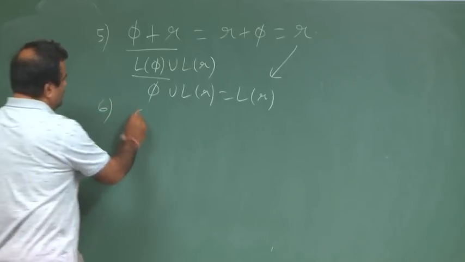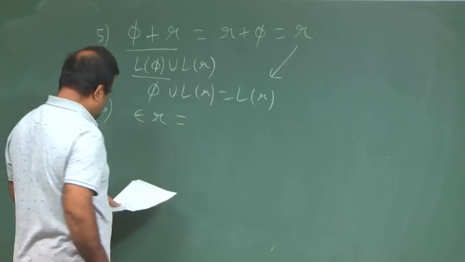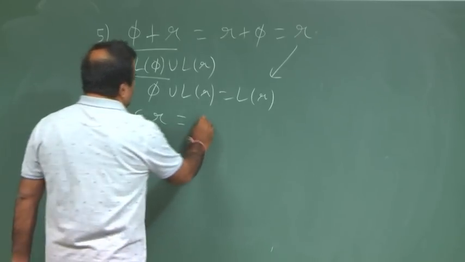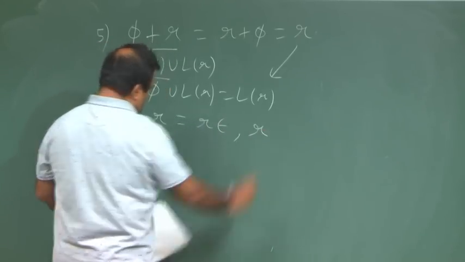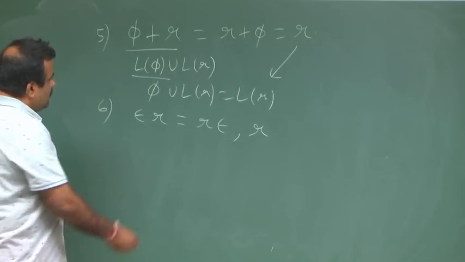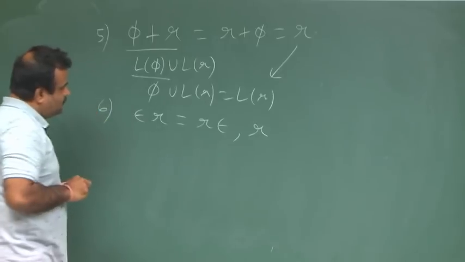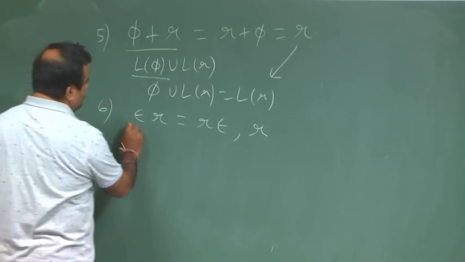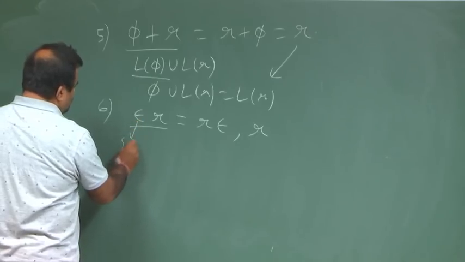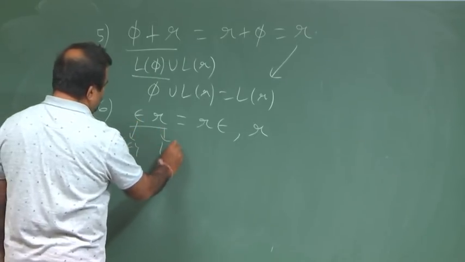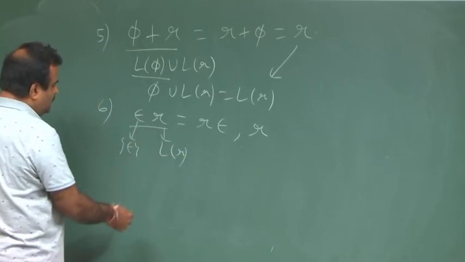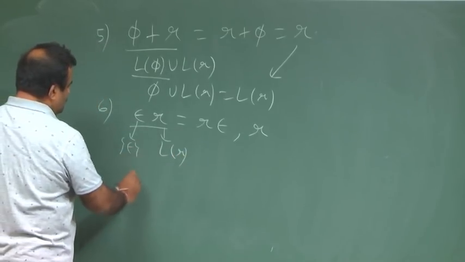Now, epsilon r is the same as r; here we can write r epsilon is equal to r. How to check this? This is also easy to check, because this corresponds to epsilon and this corresponds to L of r. Now, what is the concatenation?